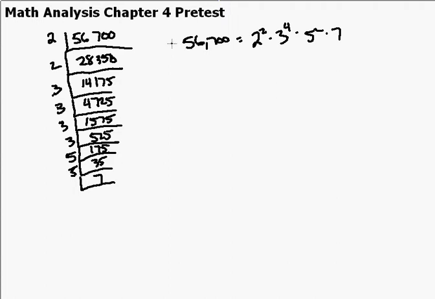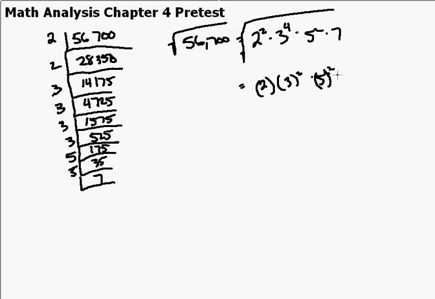So if I take the square root of 56,700, that's equal to the square root of this, which is equal to 2 times 3 squared times 5 squared times the square root of 7.